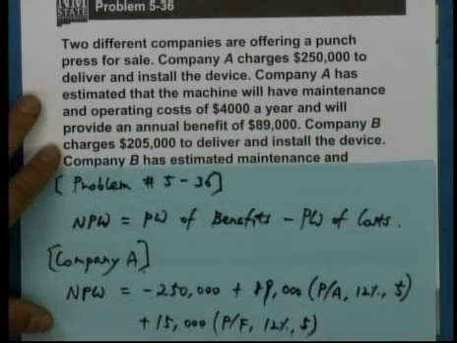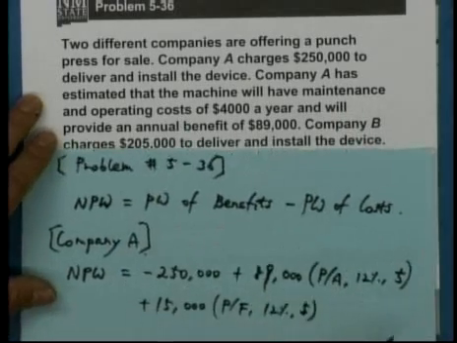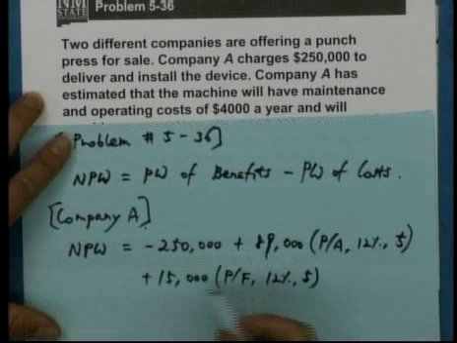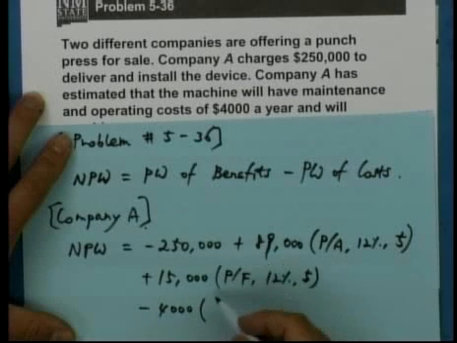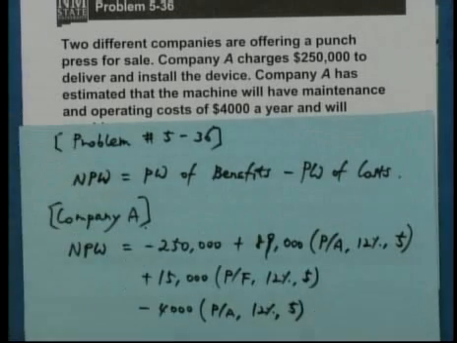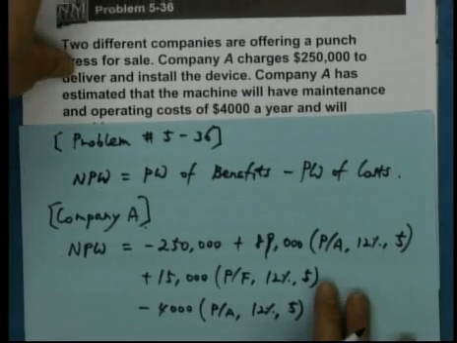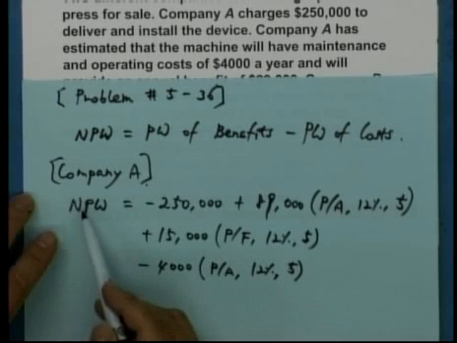No, you need to consider the maintenance and operating cost, which is $4,000. So negative $4,000 times P given A, right? 12% over 5 years. So that's going to be your net present worth for machine A.